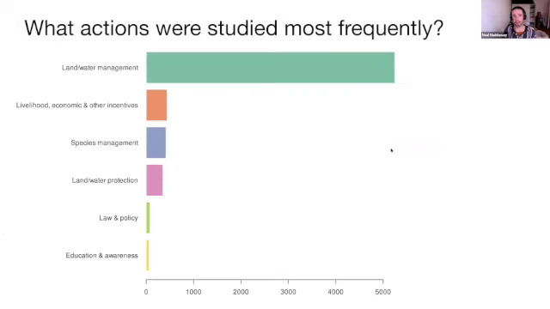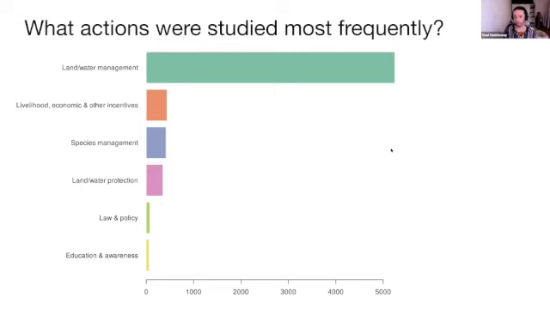And in terms of the number of actions that were most frequently studied, we split them across these 6 domains. So they were land and water management actions, actions that related to livelihoods, economics, or other incentives, species management, land or water protection, law and policy, and education and awareness.